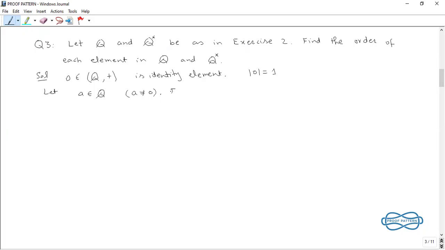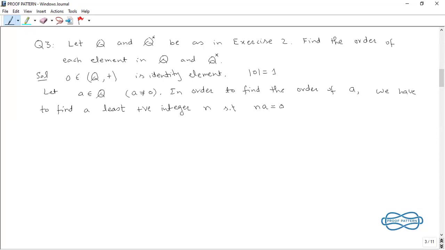Now, in order to find the order of this element A, we have to find the least positive integer n such that n times A should be 0.